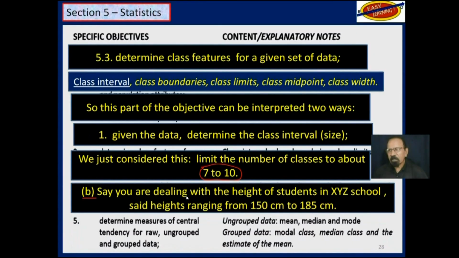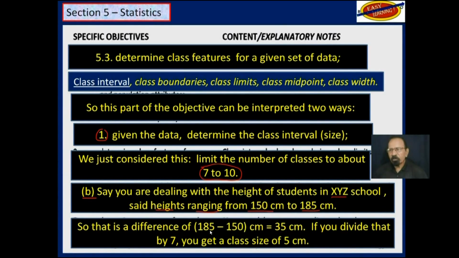Now, another example for the first interpretation. Say you are dealing with the height of students in XYZ school, and the said heights ranging from 150 centimeters to 185 centimeters. So what you will do, you will find the difference from 185 to 150 and you get 35 centimeters.